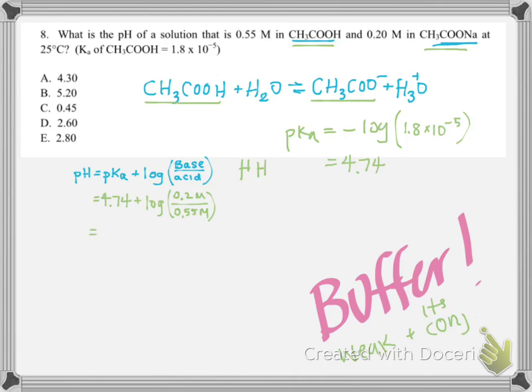And when you go through and evaluate this, it ends up being 4.30 for the pH. Okay, and that's it. So if you identify the buffer, this problem becomes a lot simpler because then you can just use the Henderson-Hasselbalch equation.